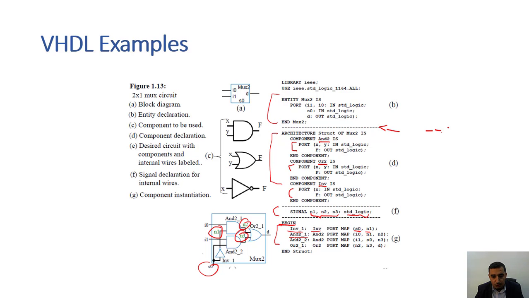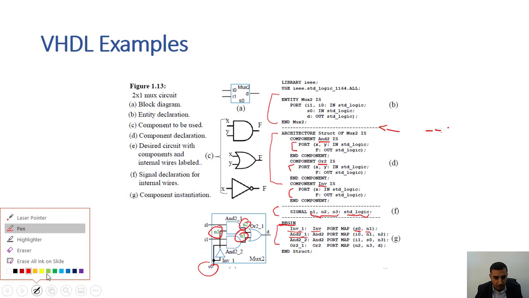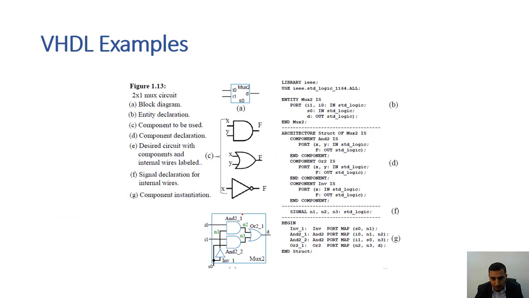AND2 underscore 1, which is this gate over here, will have I0, N1, and give N2. The second one will have I1 and S0 and give N3.